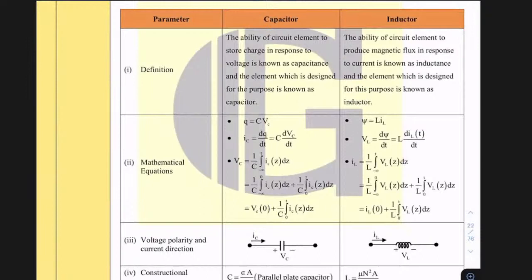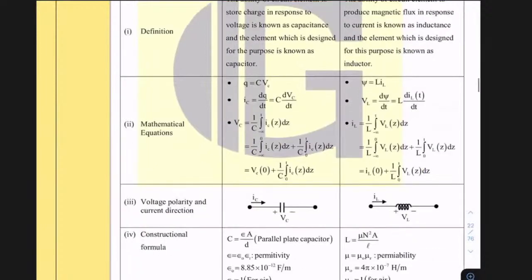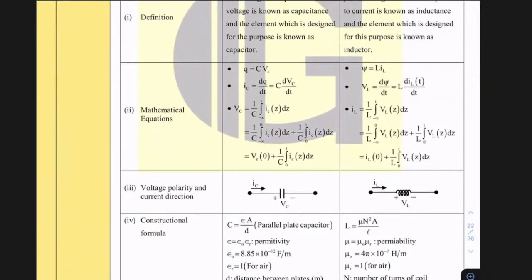For inductors and capacitors, the voltage and current equations are essential. You know very well, IC is equal to C dV/dt, and VL is equal to L dI/dt. The capacitor voltage and the inductor current are given by the integral equations.